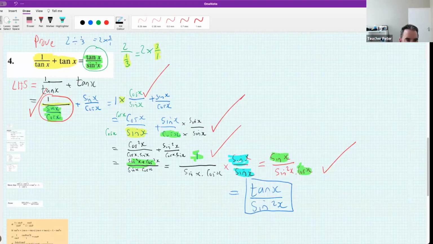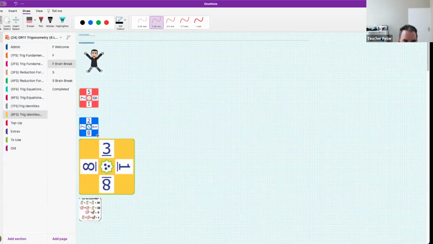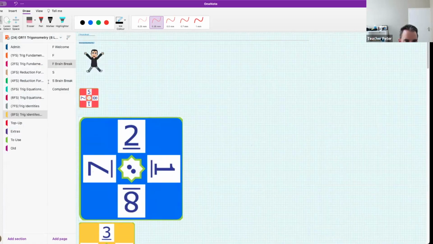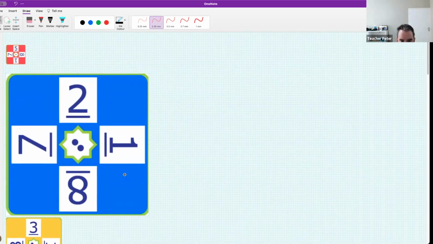Okay, and then let's just do a little puzzle just to let the brain unwind a bit further. So, can you make 24 using these 4 blue numbers? See what you can do.